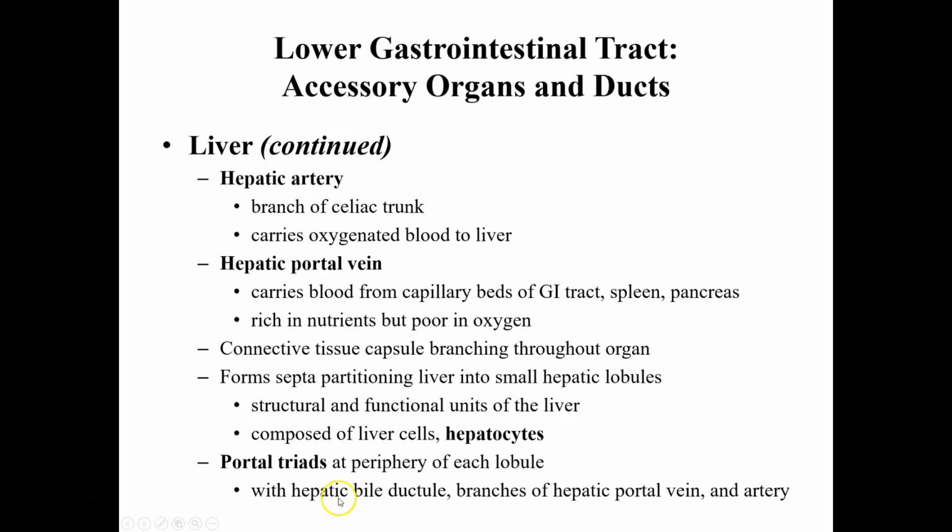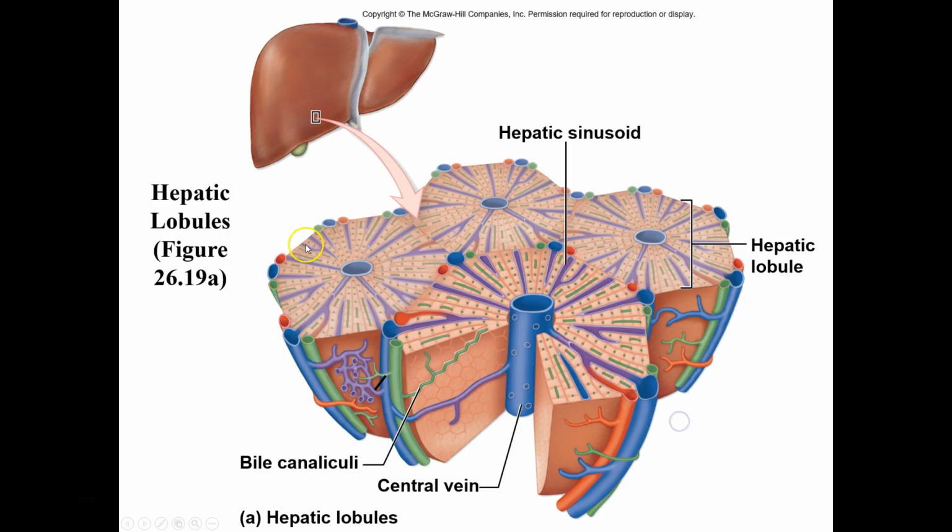These lobules each have a bile duct, a hepatic portal vein, and hepatic artery all together. You can see that right here, and then we have the central vein. And so these cells are producing bile. They're also helping to detoxify materials that are moving into the liver, and they are going to be working to store or to prepare materials for leaving the liver.